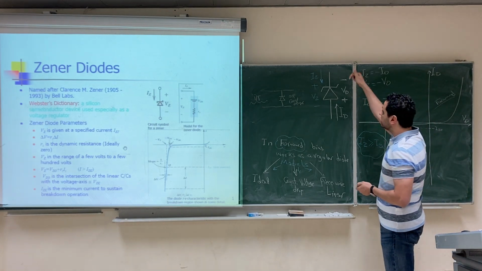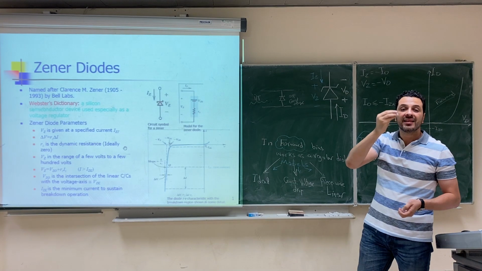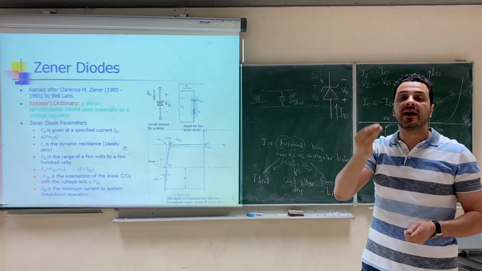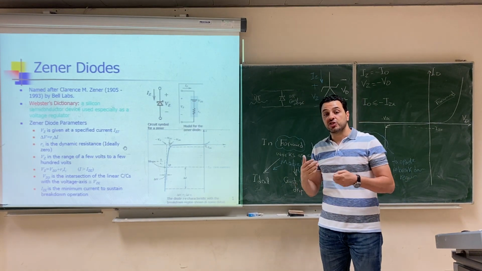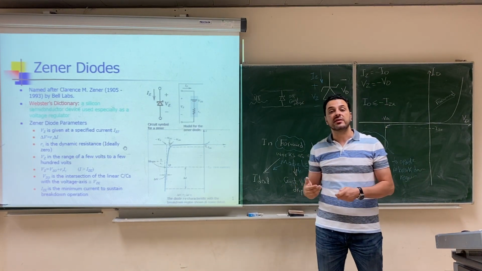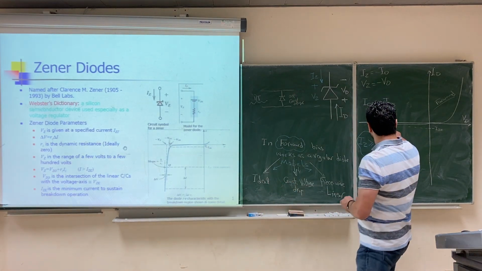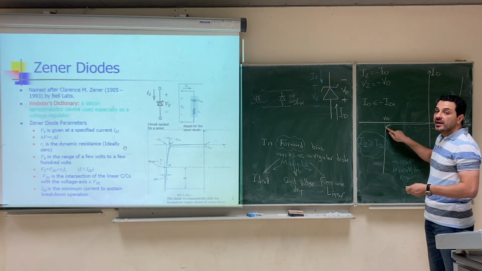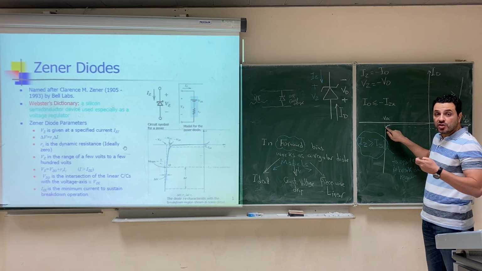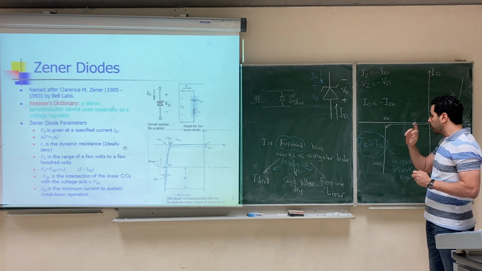The Zener current, which is the reverse current of the diode, must be greater than the value that we define to be IZK. Usually this value is given in the data sheet, and if it is not given, then by default you consider it to be 0. So the value of IZK, the value of this current at which the breakdown starts, usually it is given. If it is not given, then you assume it is by default 0.